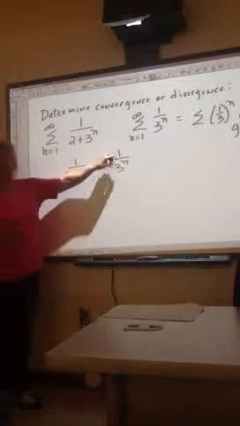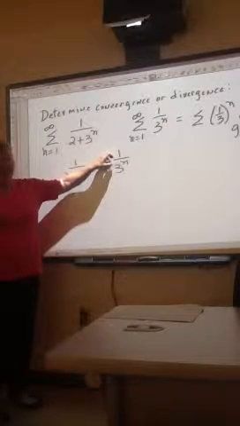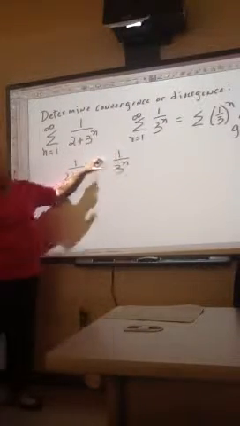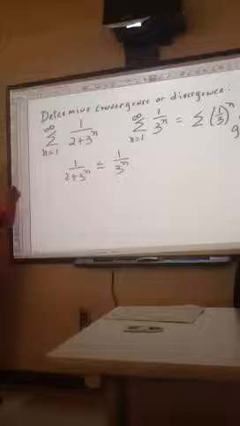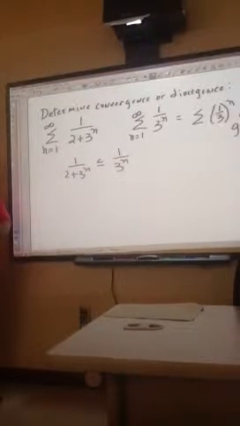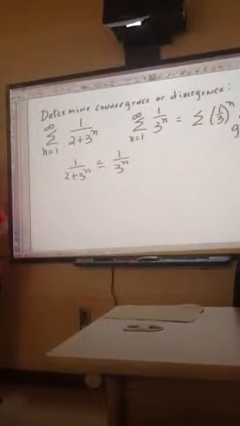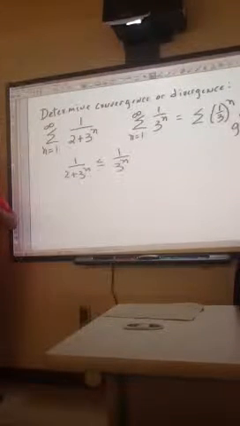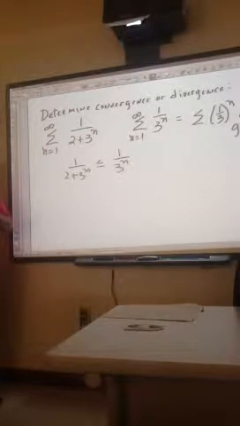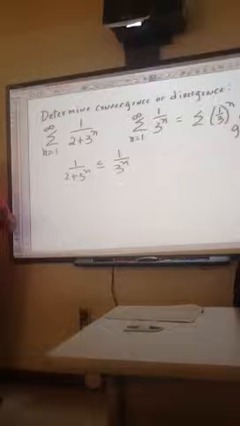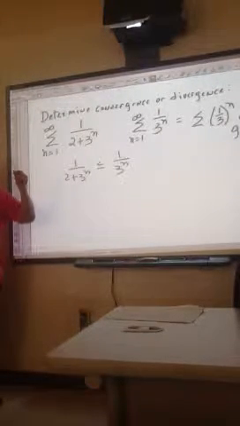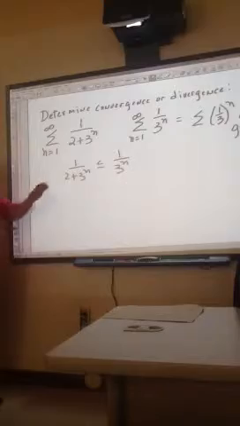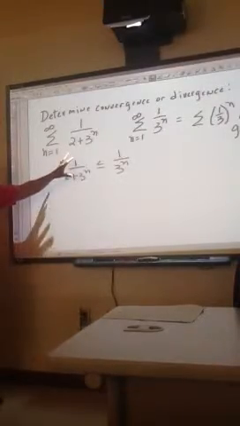If this big one converges, anything that it's bigger than is going to have to converge. But can I make that argument? 2 plus 3 to the n is greater than 3 to the n. So since it's over 1, it's going to be smaller. The bigger the denominator, when the numerators are the same, the smaller the fraction. So we're in good shape, and we can make this argument.